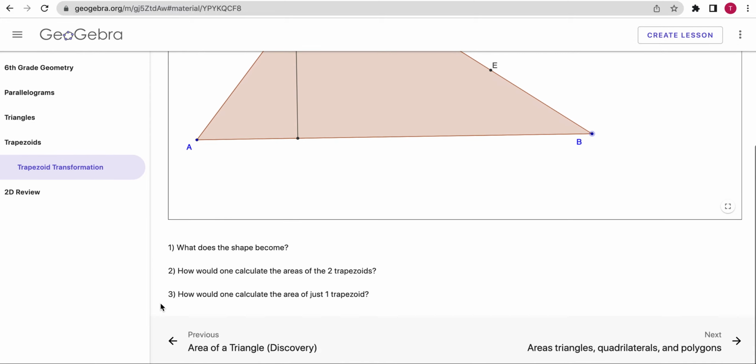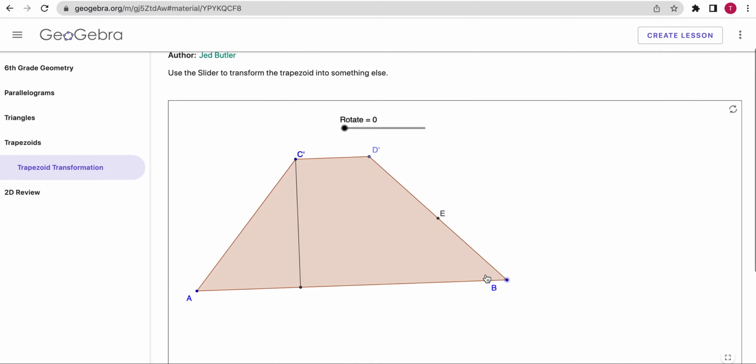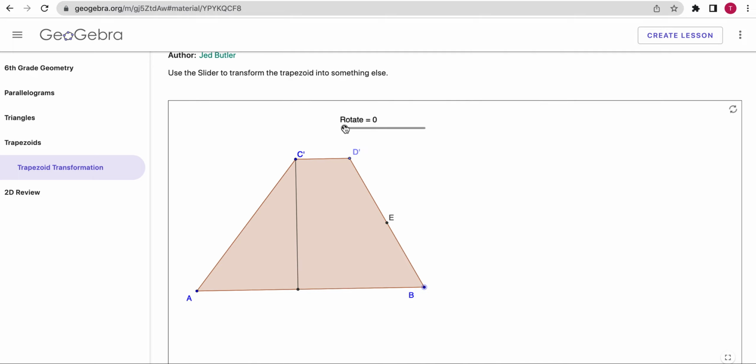So we're going to go back down here, and how are we going to calculate the area of the 2 trapezoids, and how can we calculate the area of just the 1 trapezoid? I kind of went over this earlier. If we rotated the trapezoid 180 degrees, we can see it forms a parallelogram.